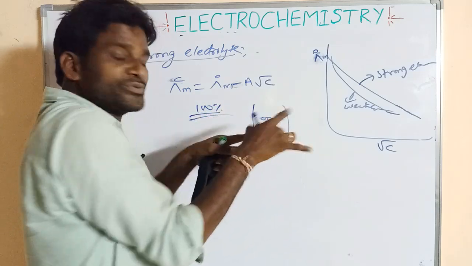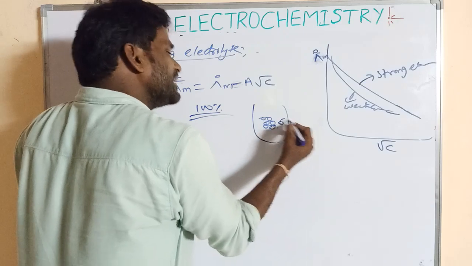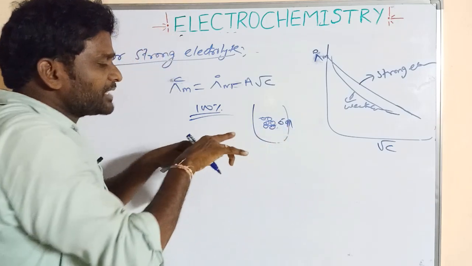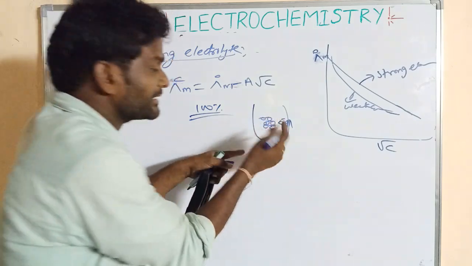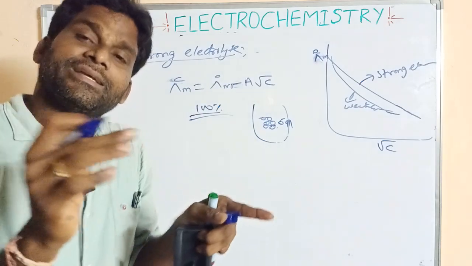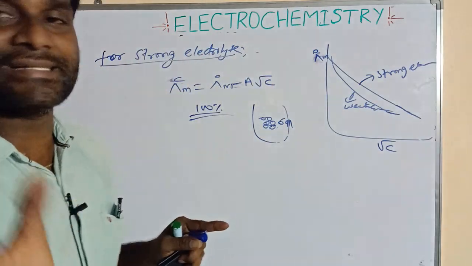When the attractive force between the ions decreases, the velocity of ions increases. If the velocity of ions increases, its conductance increases.